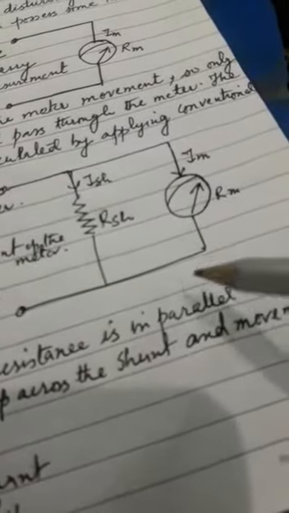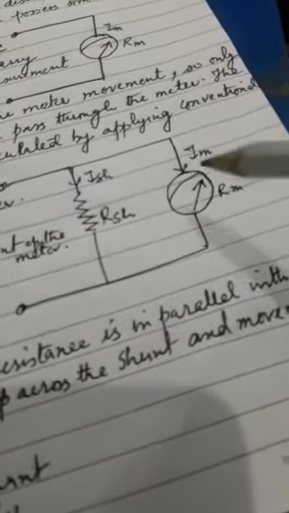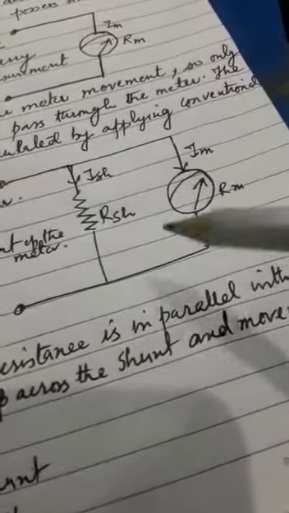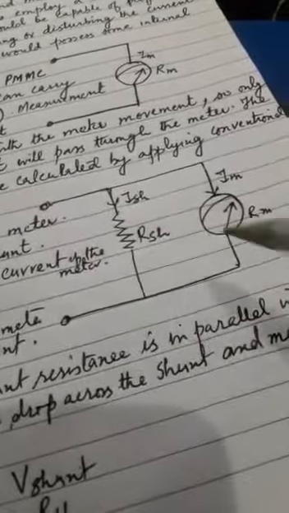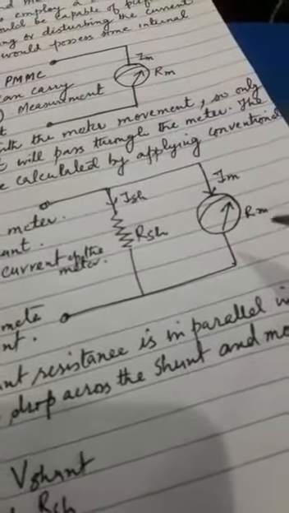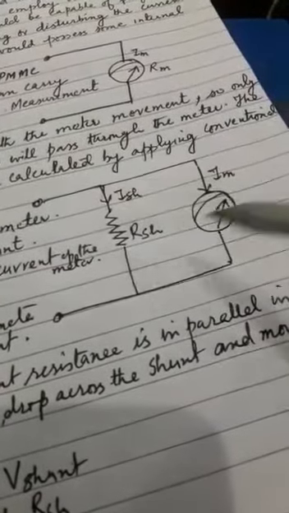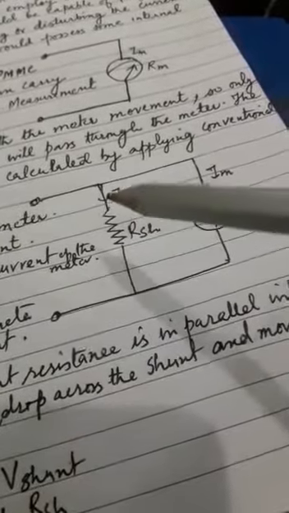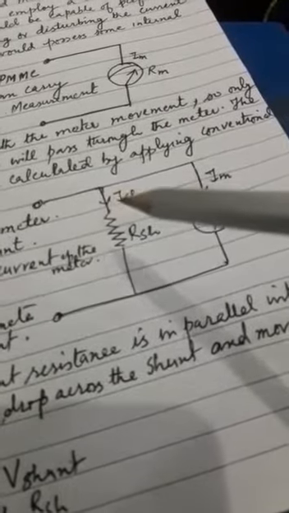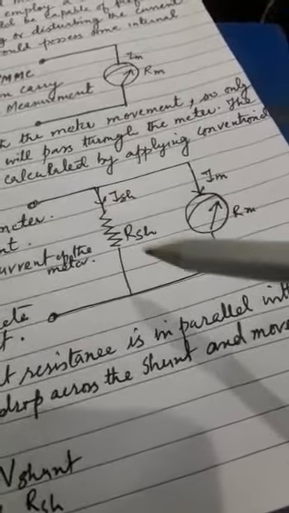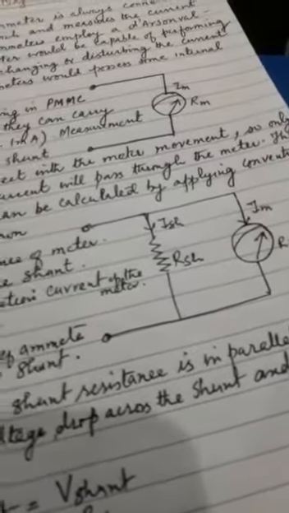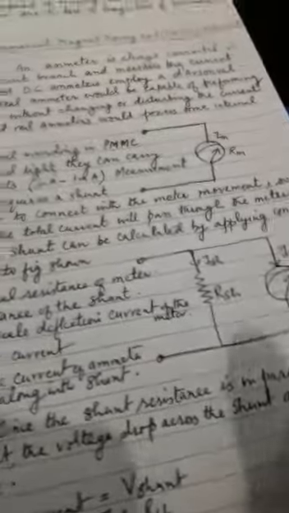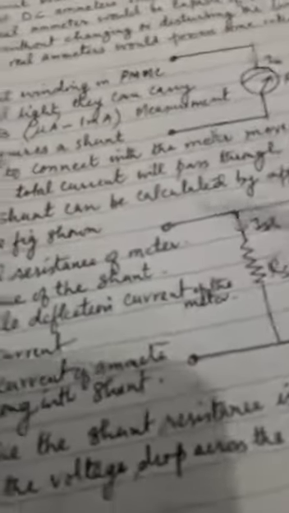It has its own current and resistance flowing through the PMMC meter. And this is the shunt resistor which I am connecting in parallel to this PMMC instrument. It has its own resistance, the shunt resistance, and ISH means shunt current.